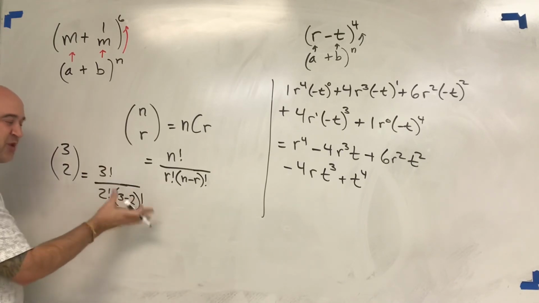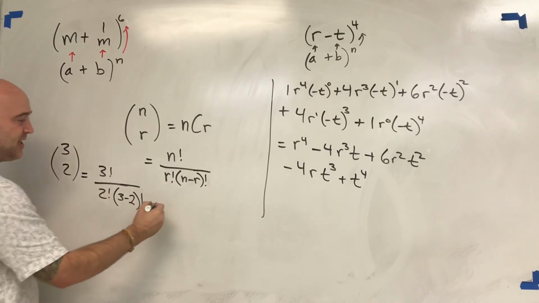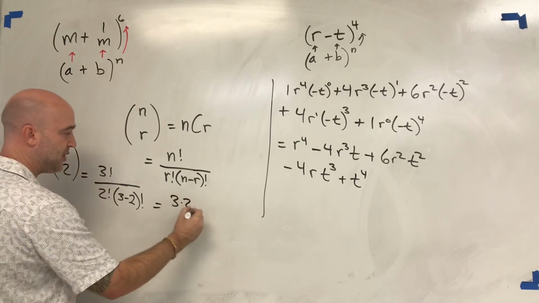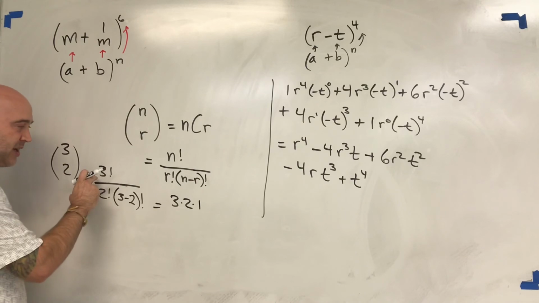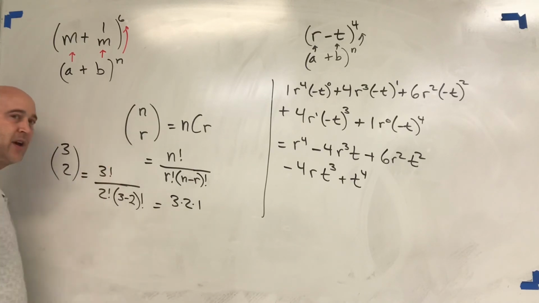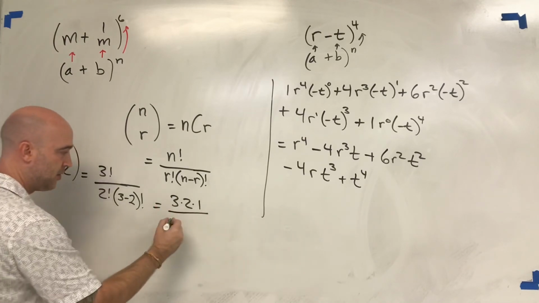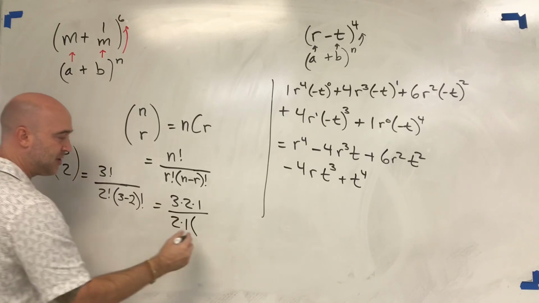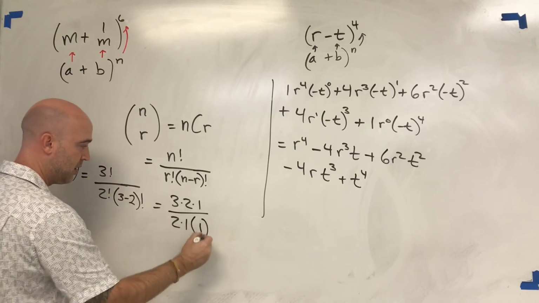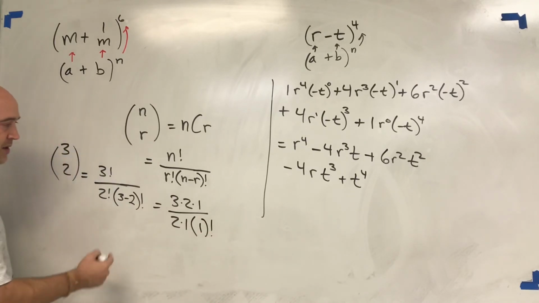And there's some shortcuts here, but we'll go ahead and just extend it out. This is 3 times 2 times 1. That's what factorial means. You multiply all the descending order of numerals going down. 2 factorial is 2 times 1. And 3 minus 2 is 1 factorial.